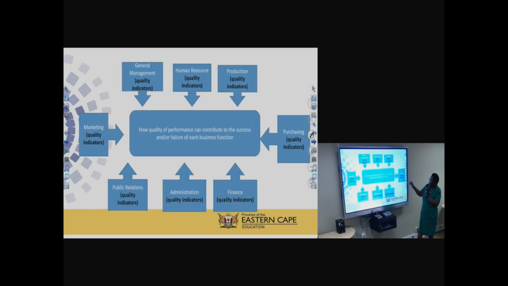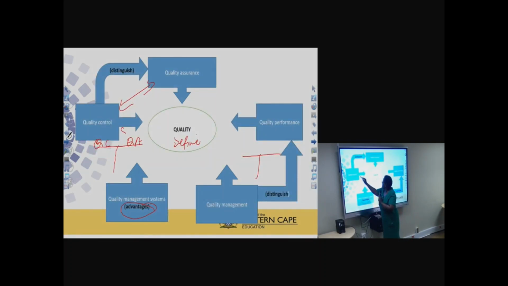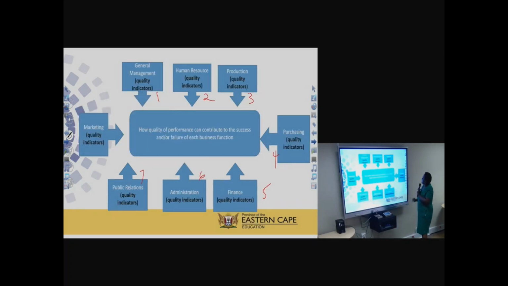Then with the last part of that quality, it concentrates on the business functions. We all know that we have 8 business functions. I will not mention them. You can see them because you studied the content from grade 10. So we all know that we have the 8th one is marketing.